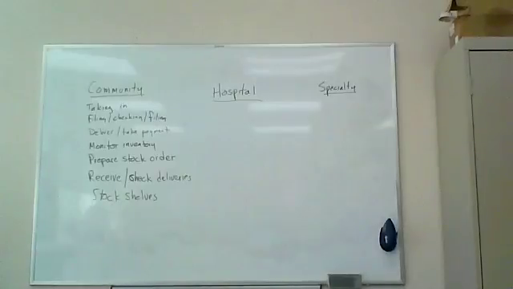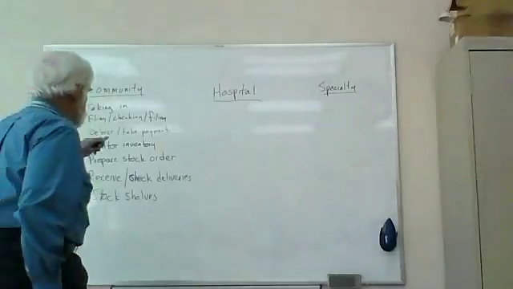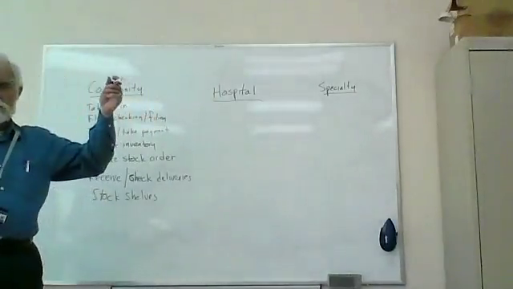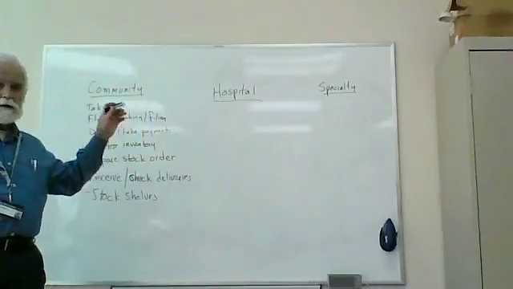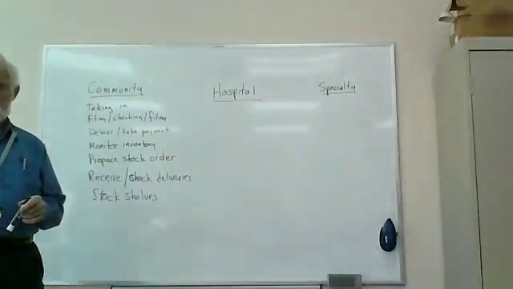Hospital is a little different. In a hospital, you do have a community pharmacy. We call it the outpatient pharmacy. Every hospital has one. You've seen them. They function in exactly the same way as a community pharmacy.